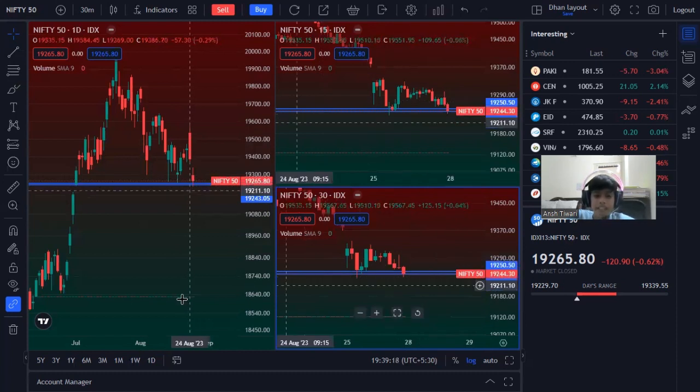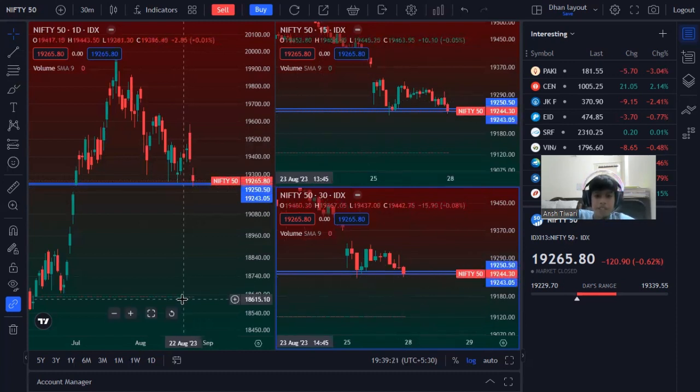So if I haven't explained to you what responsive and initiative buyers and sellers are, responsive buyers or sellers are the people who buy or sell at the price where they want the price to be, which is mostly at a support or a resistance.